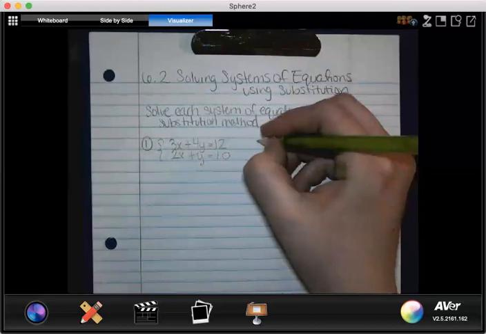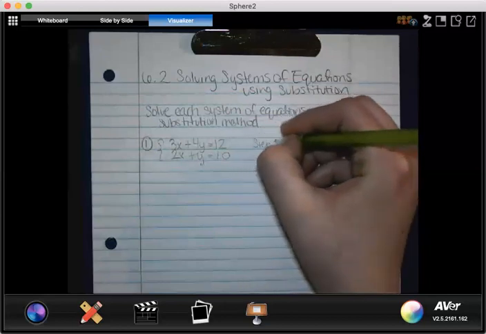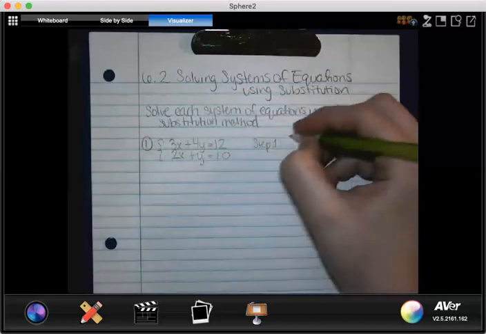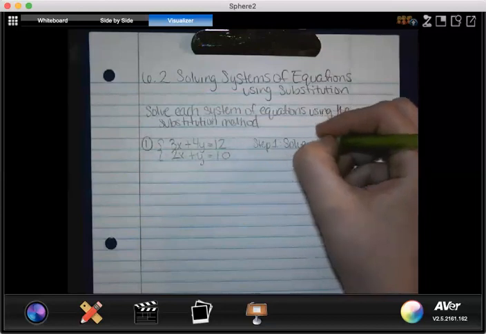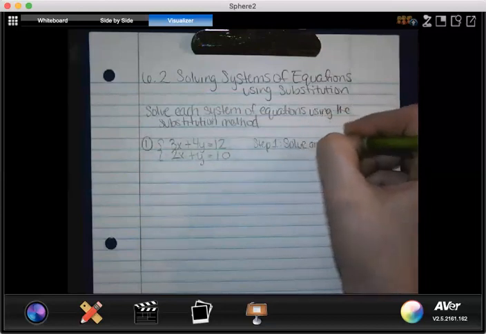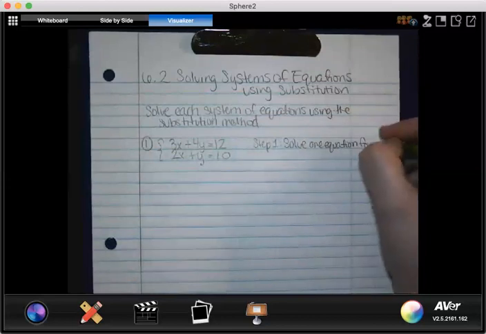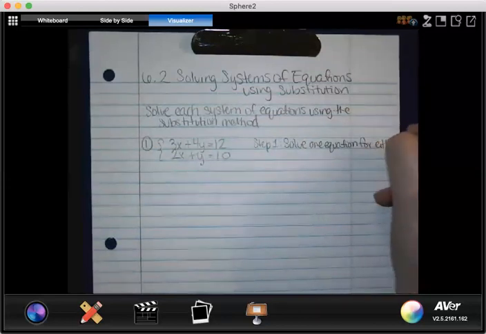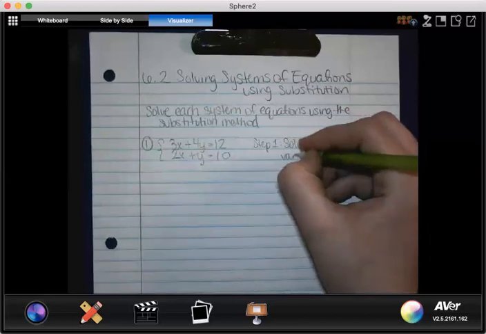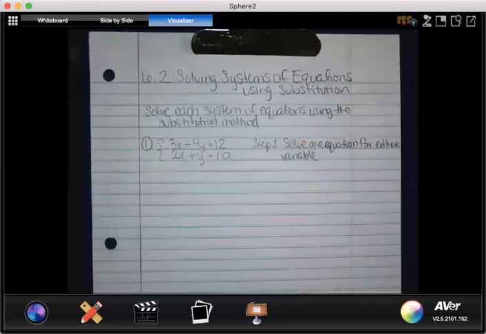So step number 1, we need to solve one equation for either variable.